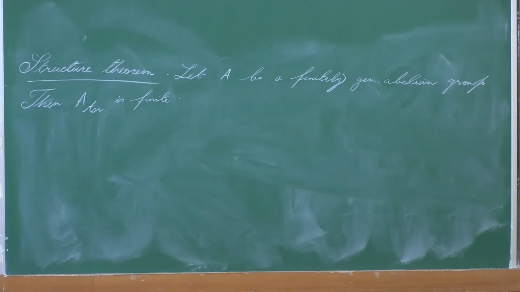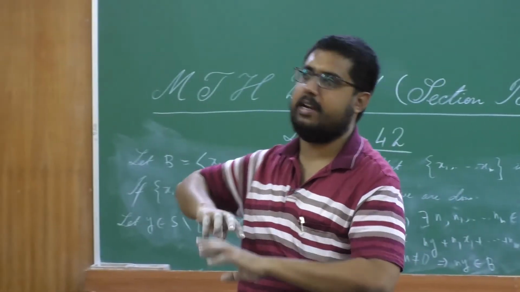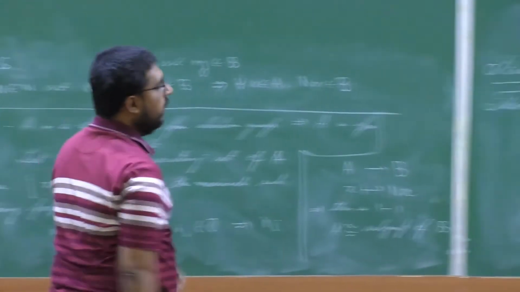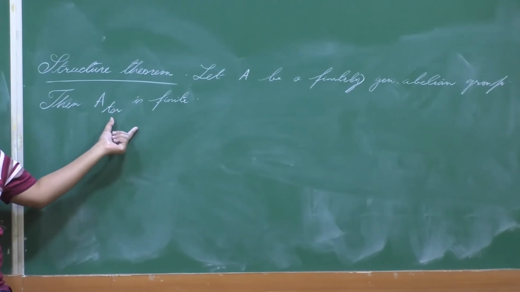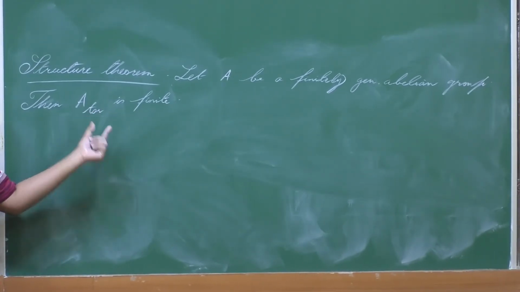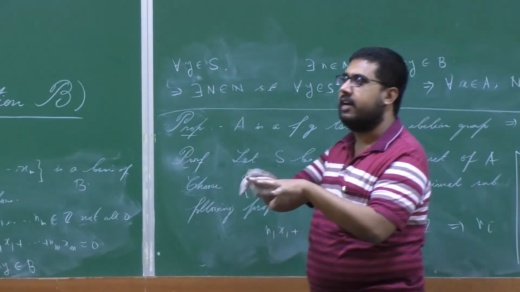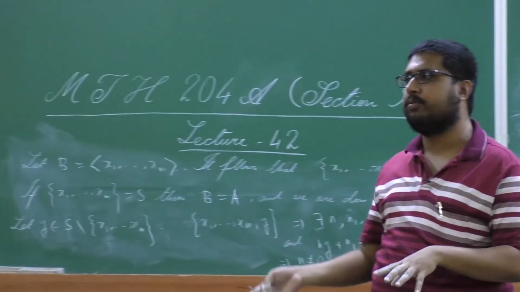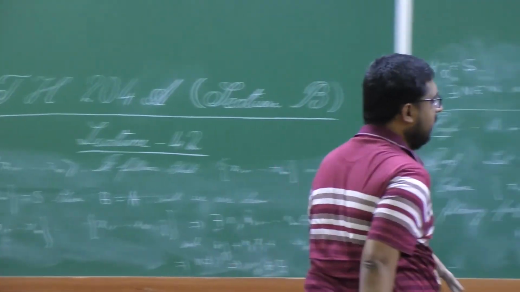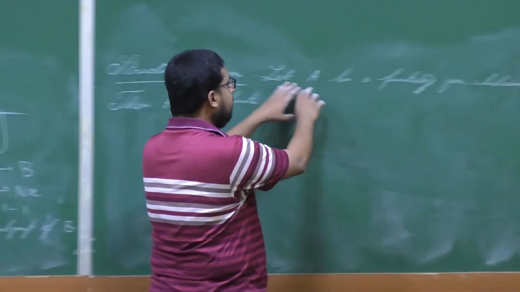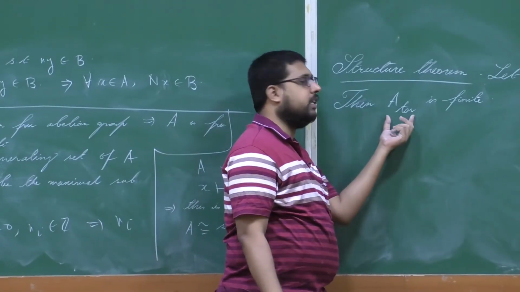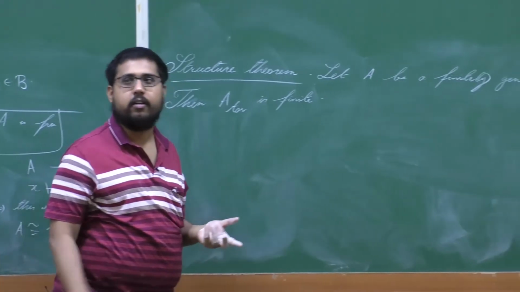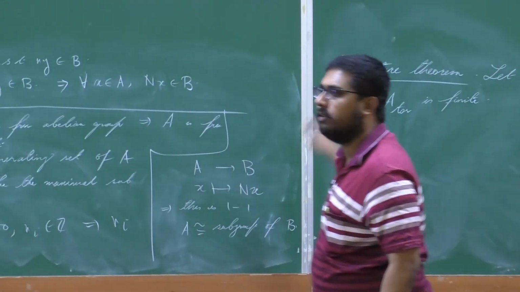Remember that earlier we proved that for a finitely generated free abelian group, any subgroup will also be free and finitely generated, but here we have not assumed A to be free. So right now you cannot even say this is finitely generated. But if we can prove it is finitely generated, then by your previous observation that finitely generated torsion groups are finite, of course that will be finite.